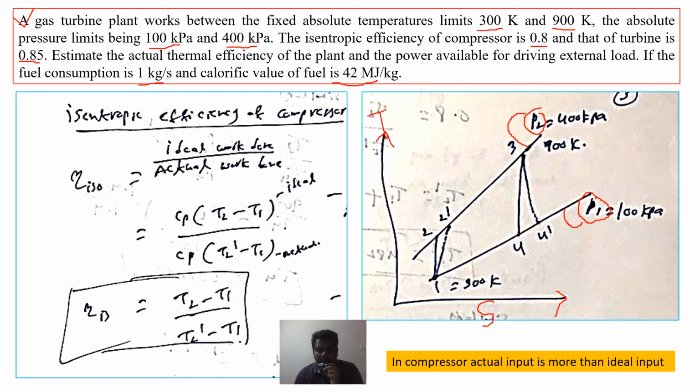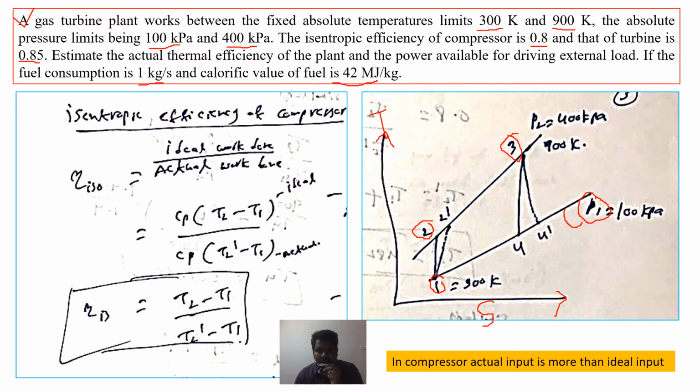As we know, the process 1 to 2 is the isentropic compression in the compressor. Process 2 to 3 is heat addition at constant pressure in the combustion chamber.